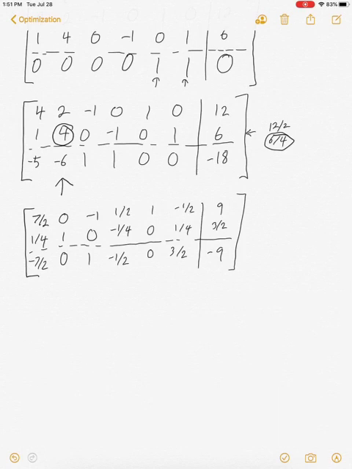Okay, so we still have negative entries in the bottom row. So the most negative one is going to be -7/2. So we look at the positive entries in that column. They're both positive. So we compute 9 divided by 7/2 and 3/2 divided by a fourth.